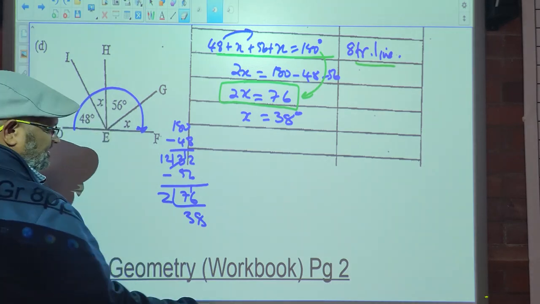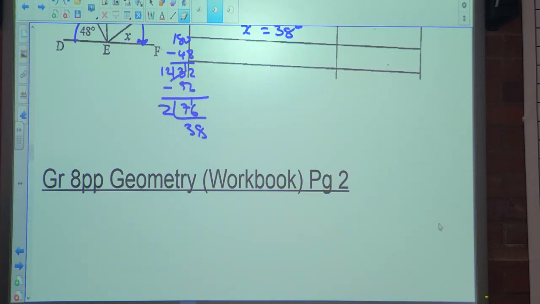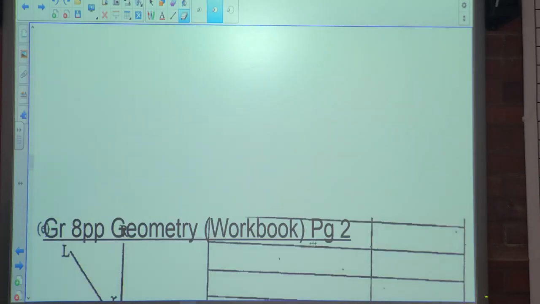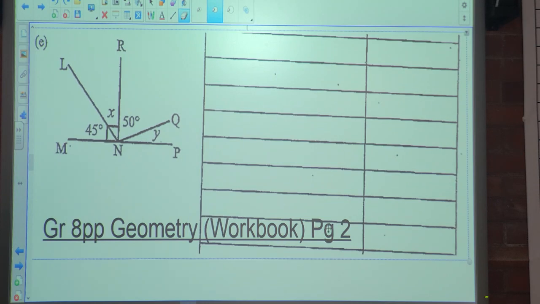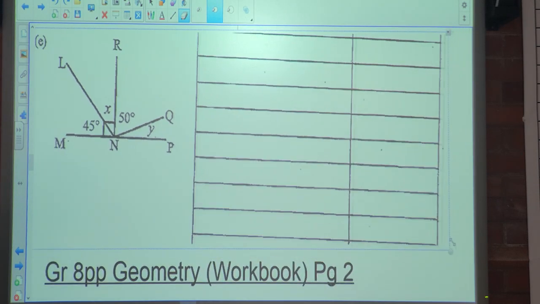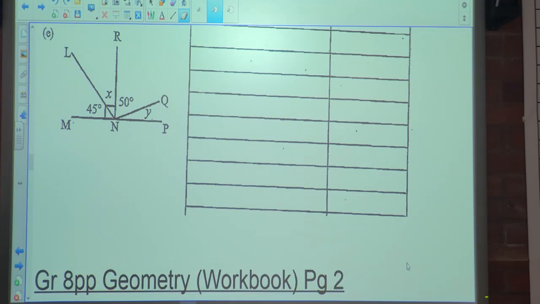Anybody else? No? Is it on the same page? The last of this page. Okay, E. We'll have two pages on the video. There's the box.